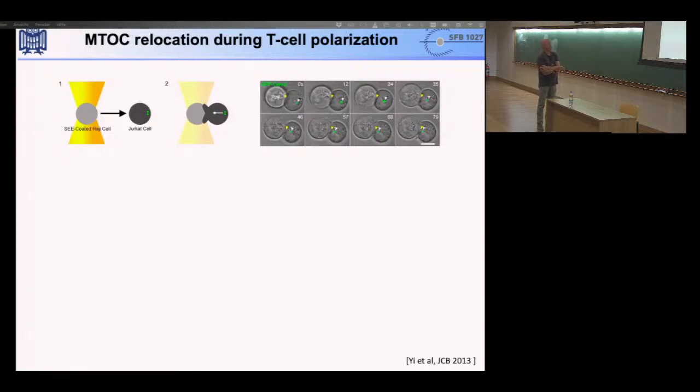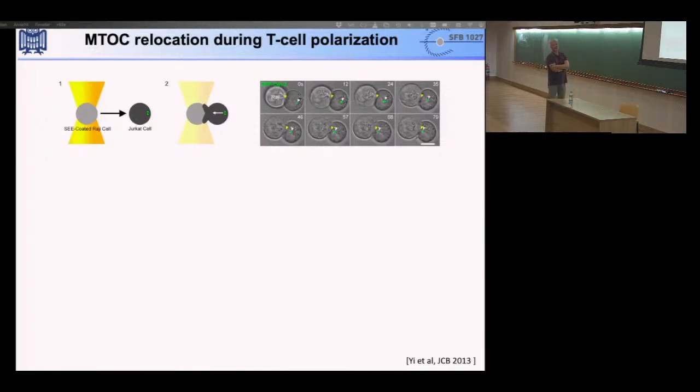He was essentially able to manipulate the target cells with a laser pipette, an optical tweezer, and move them towards the T cell in such a way that they touch the T cell opposite to the position of the centrosome. Why? Then you can really see the repolarization process most prominently.